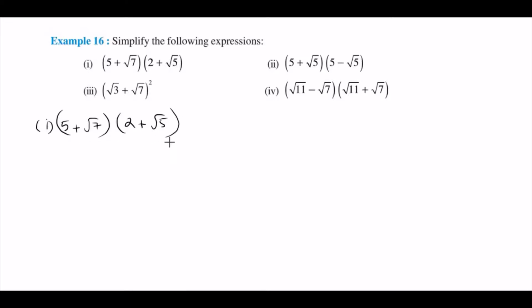Here we use the distributive property. So you can write 5 into 2 plus 5 into root 5 plus root 7 into 2 plus root 7 into root 5.